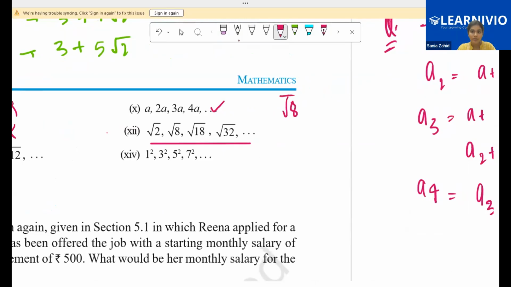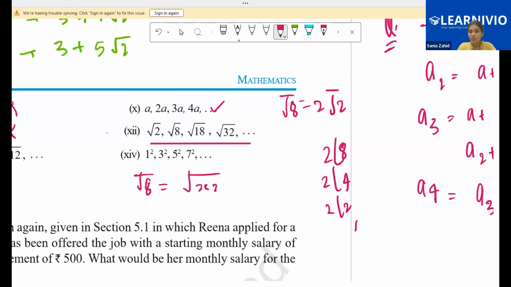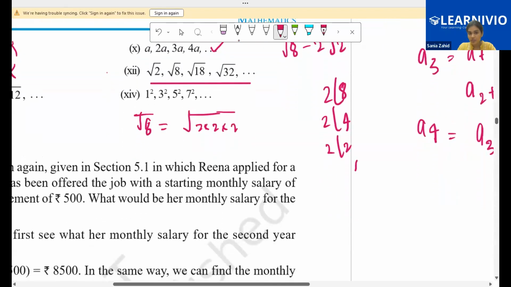See, I'll just prime factorize 8 and I get 2 into 4, 2 into 2 and 2 into 1. So root 8 is actually equal to root of 2 into 2 into 2. And now 2 is in a paired condition, so it will come out of the root. So it becomes 2 and then root 2 is left inside. So root 8 can also be written as 2 root 2.